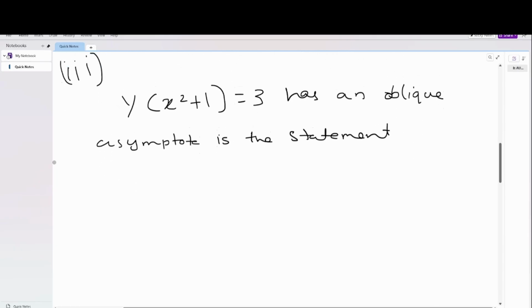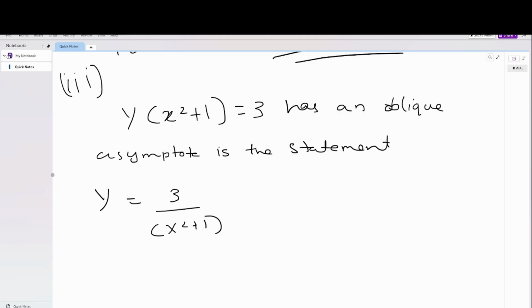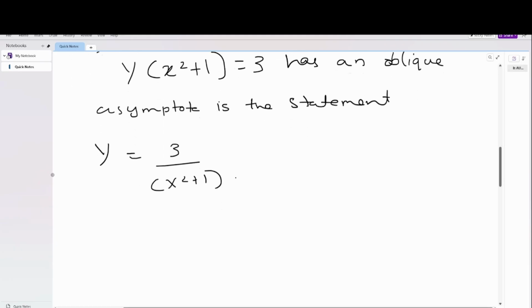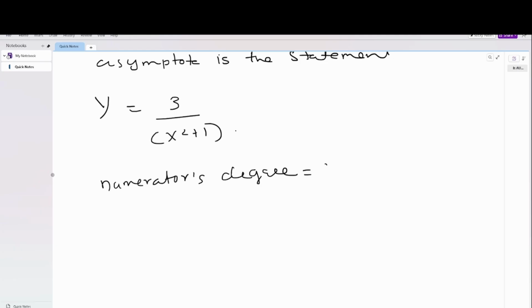If we consider, we can rewrite this equation as y is equal to 3 by x square plus 1. We know that for an equation to have an oblique asymptote, its numerator's degree should be greater than the denominator's. Here, the numerator's degree is 0, a constant.